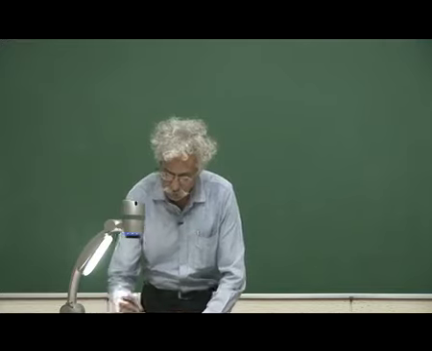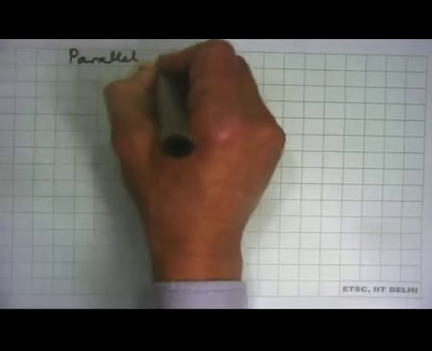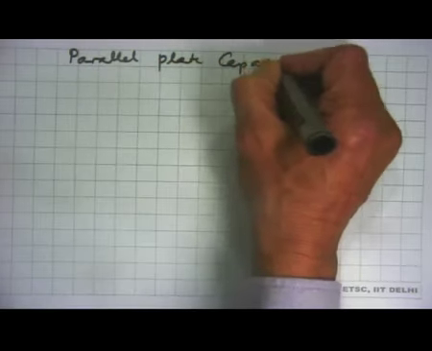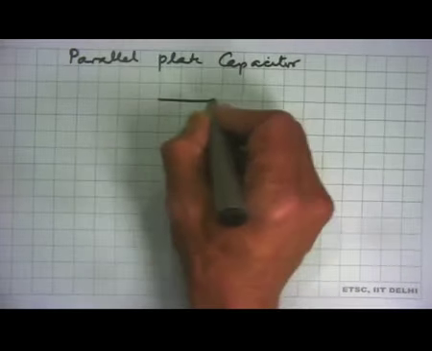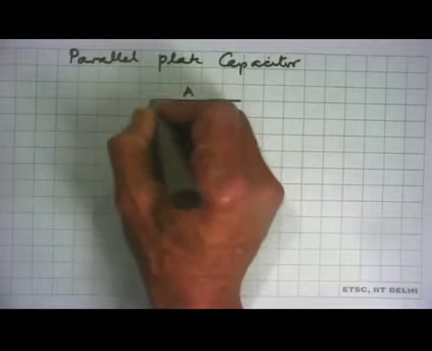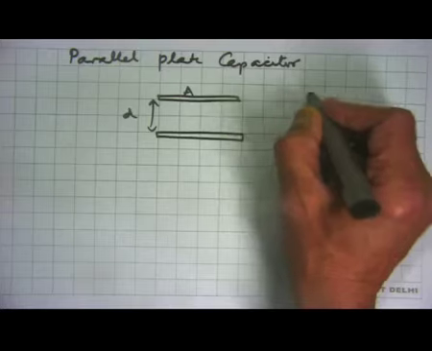A parallel plate capacitor consists of two plates of area A separated by distance d. Let me draw a 3-dimensional figure here.